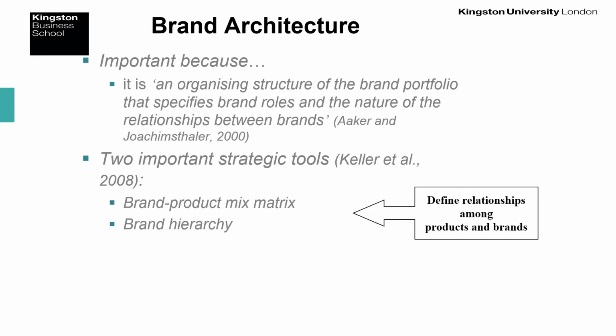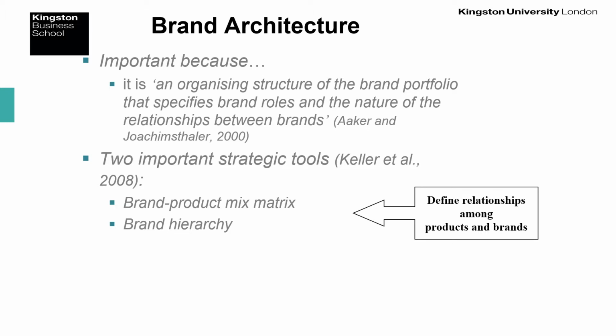So, in the last session, we looked at brand strategy and we found out that it's extremely important for an organisation to have a branding strategy to decide on the number of brands and the relationship between them. It's an organising structure, if you like, in the brand portfolio.